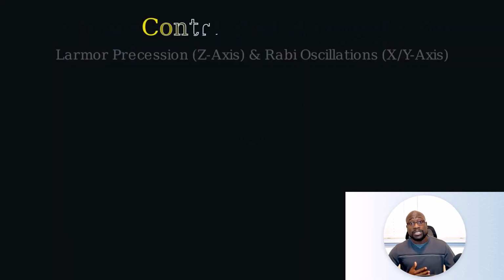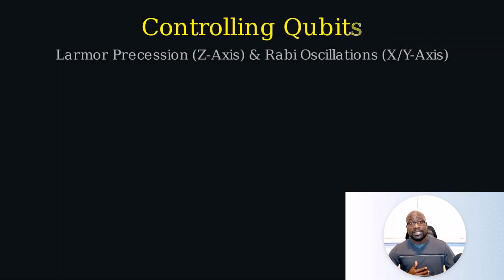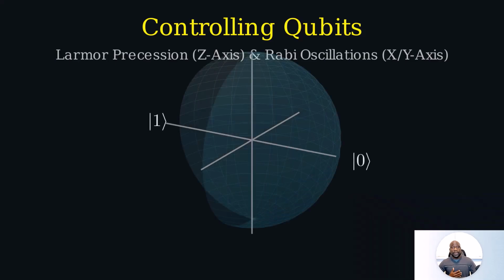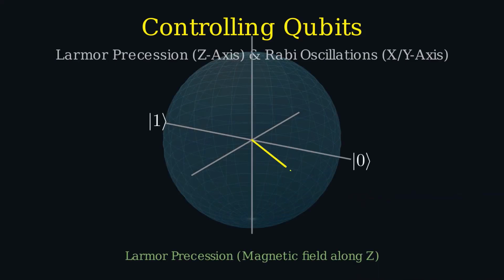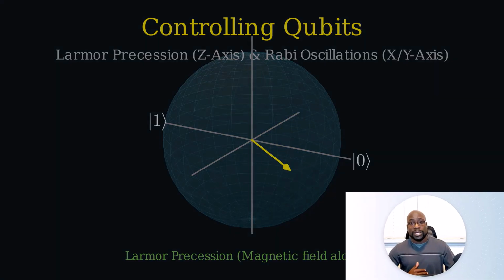One fundamental phenomenon used in spin 1/2 systems is Larmor precession, also called spin precession. When a quantum particle with spin is placed in an external magnetic field, the interaction between the particle's magnetic moment and the field causes the spin to precess, to rotate around the direction of the magnetic field like a spinning top wobbling as it spins.